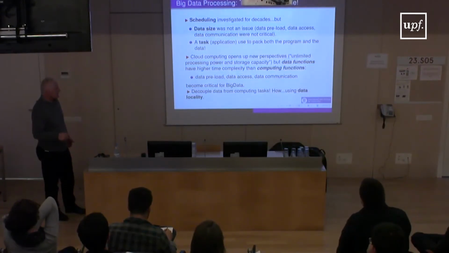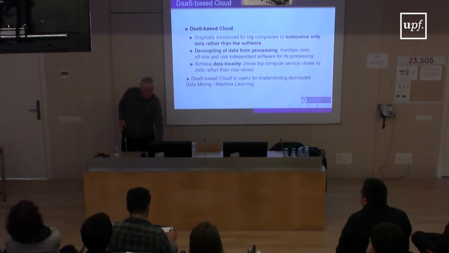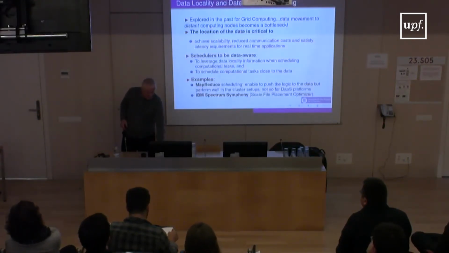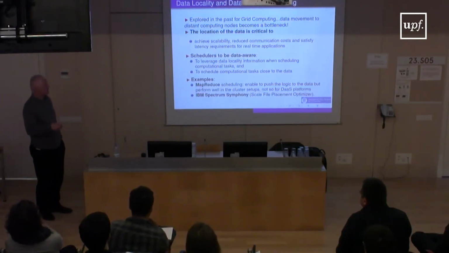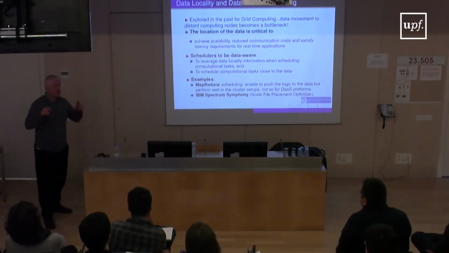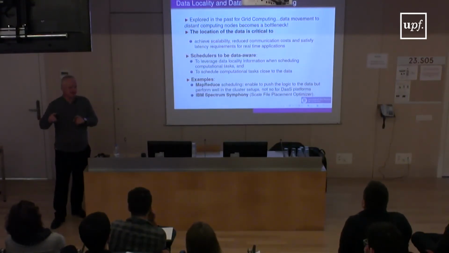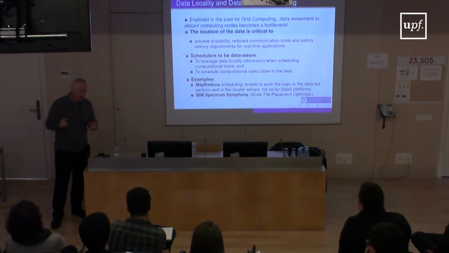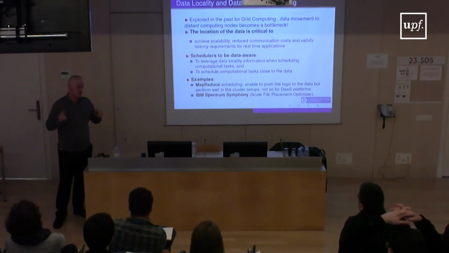So there is now a formulation of the scheduling which is called data-aware scheduling. Data-aware scheduling means that we need to process some data. We cannot send the data from one node to another one because it would take a long time. In some cases, we even cannot send the data because of protection policies of the data.